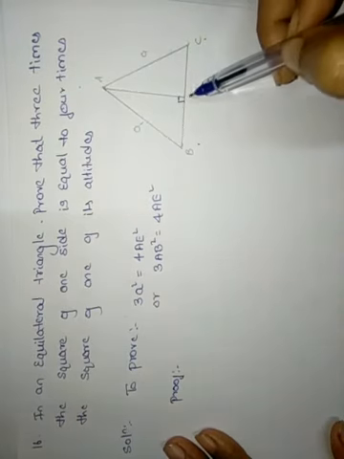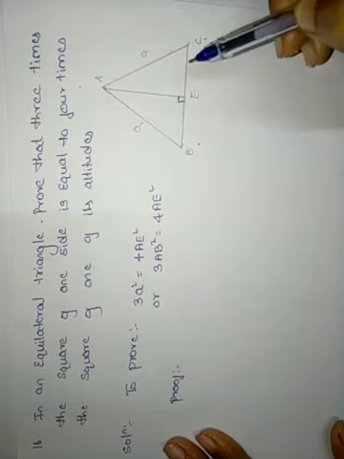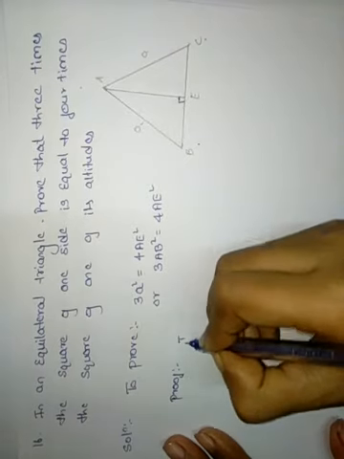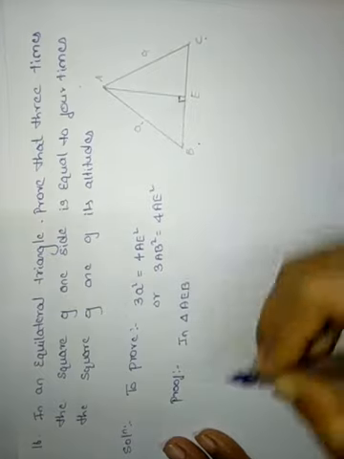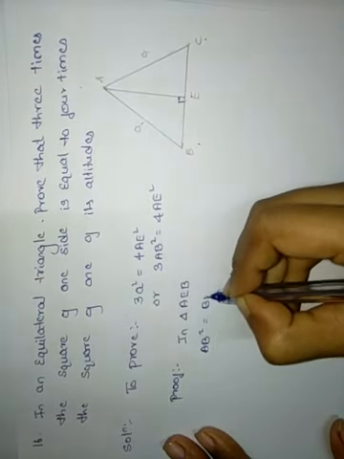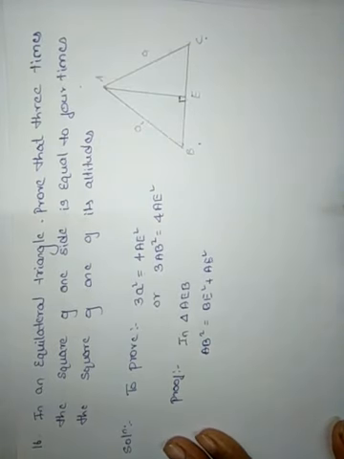Now you can say that angle E is making 90 degrees, right? So we are going to apply the Pythagoras theorem to prove this. So in triangle AEB, AB square is equal to BE square plus AE square, right?